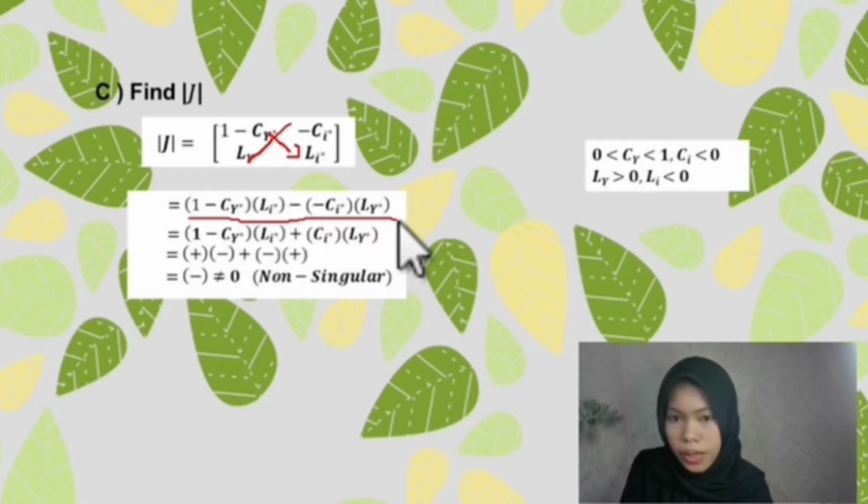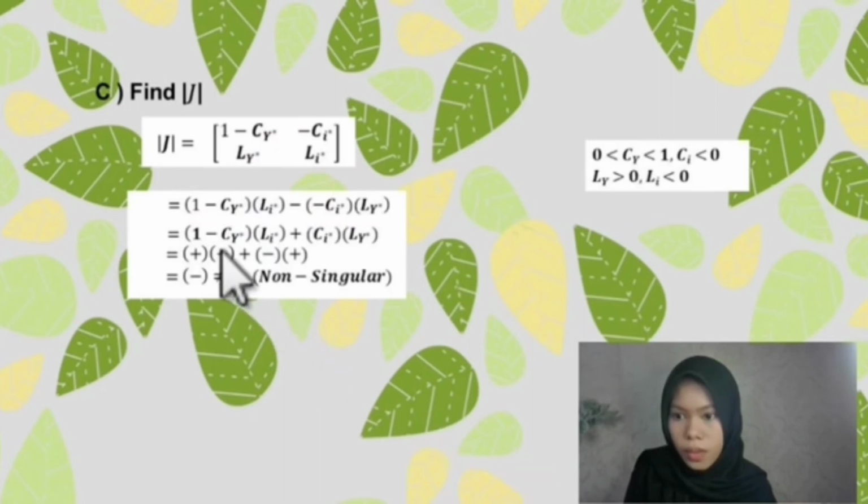We get here. So we can see that 1 minus cy star refers to positive and li star refers to minus, plus, because when this function and this meet, we will gain the plus. So we just put it plus, and then this is minus, and then ly star is plus.